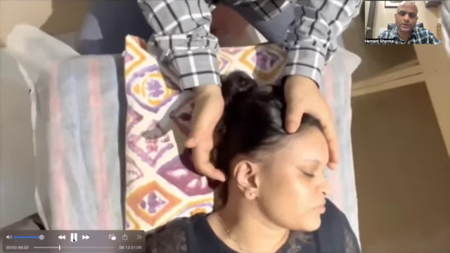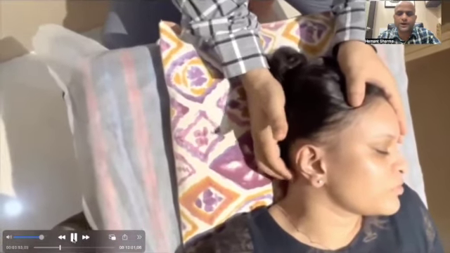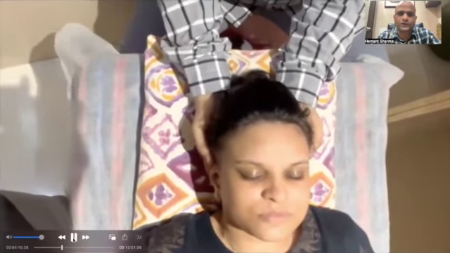So we are pointing our finger, keeping it on the ending of the occiput, on the junction of occiput and neck. So we are keeping it here.